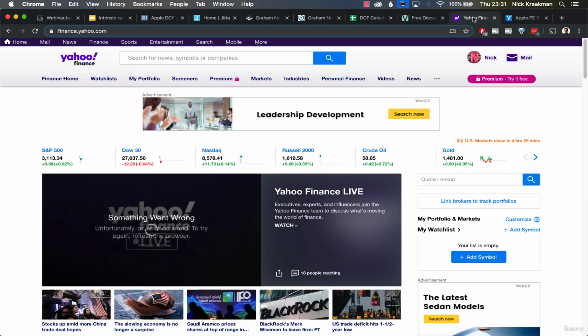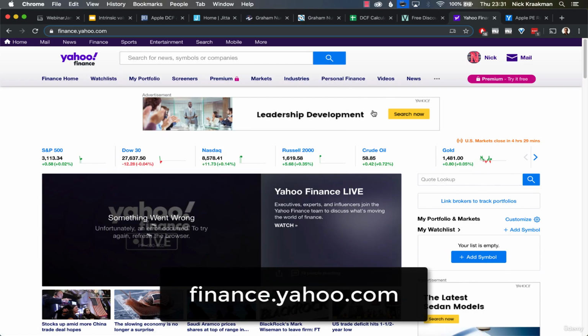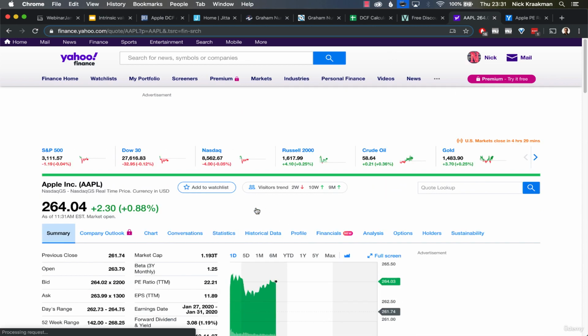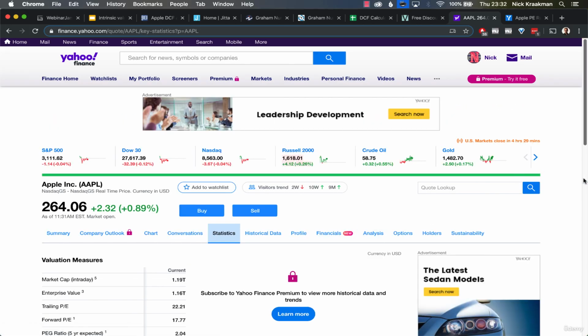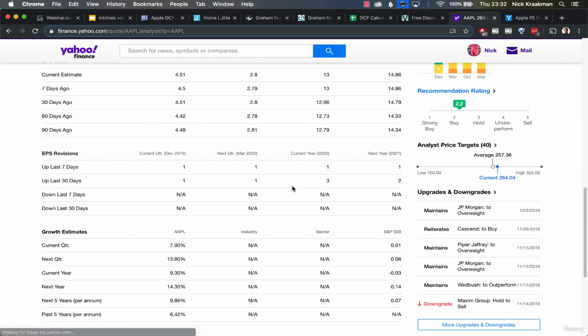So let's see what the analysts think. We go to finance.yahoo.com and search for Apple here as well. So Apple, and we go to the analysis page, and there we see the analyst estimates.